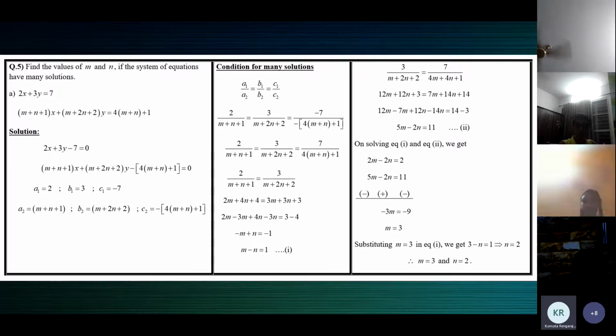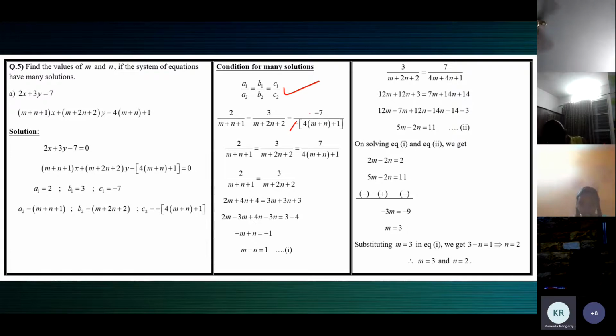Okay, I hope you went through the values. So now the condition for many solutions. This is the condition for many solutions. Substitute the values. And now you need to find the values of m and n. Find m and n for many solutions.